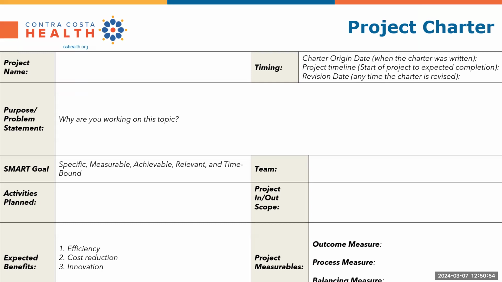I was struggling initially with how to even make sense of it because I know there was a distinction between just regular operations and having a performance improvement project and having a charter for that. So I was trying to adapt it as if we were creating a project charter for something that we're trying to do operationally. That's a really good question.